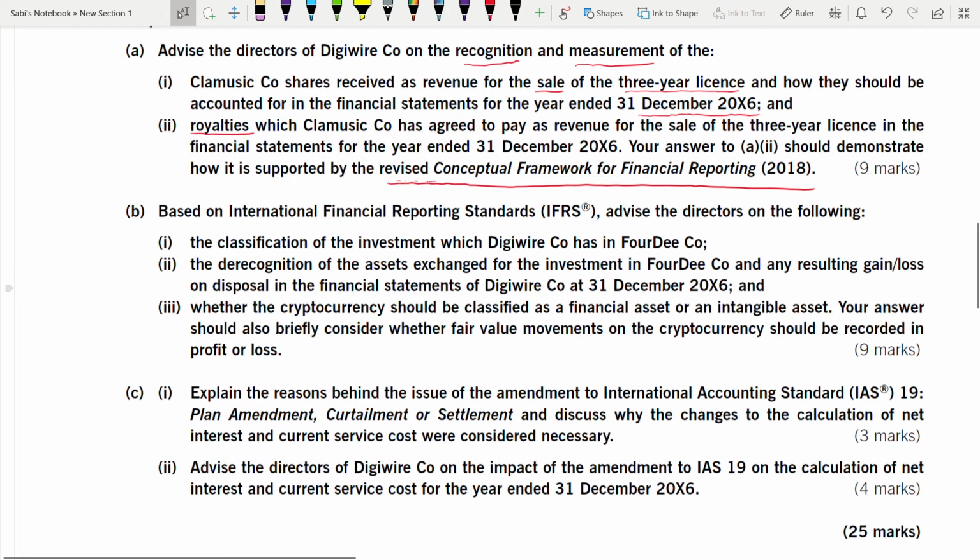Coming to part B. Again, it's for 9 marks, but there are 3 parts to that. And when you're answering parts like this, when under a section you have different parts, let's say for part B we have 3 parts, my advice is answer them in order. First part, second part, and third part.